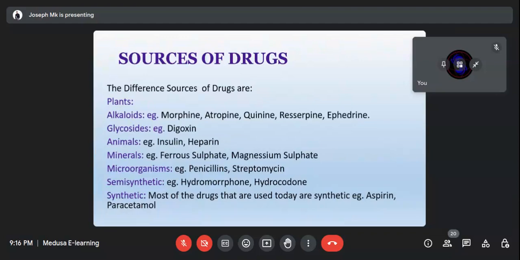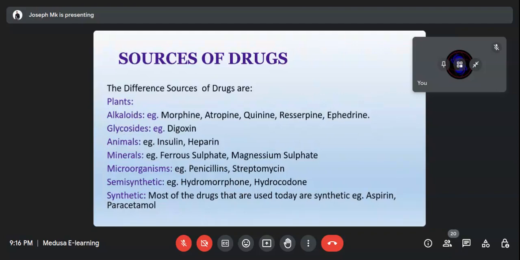We have examples which are morphine and atropine, quinine, diazepam, ephedrine. So these ones are coming from plants, but specifically from alkaloids. Then we have glycosides, where we have digoxin. This is an example of glycosides, and glycosides are under plants.